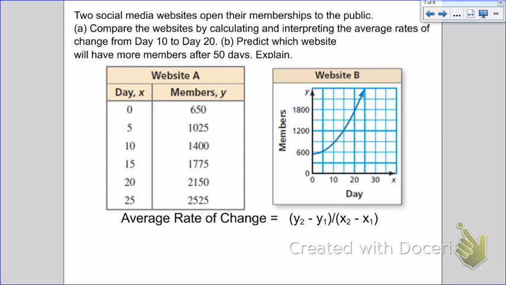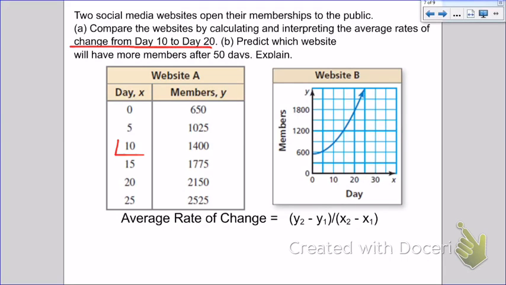So now we're looking at these two charts, which are talking about two social media websites which are opening their memberships to the public. In part A, we've got a chart, and in part B, for website B, we've got a graph. Part A of this question asks us to calculate the average rate of change from day 10 to day 20.